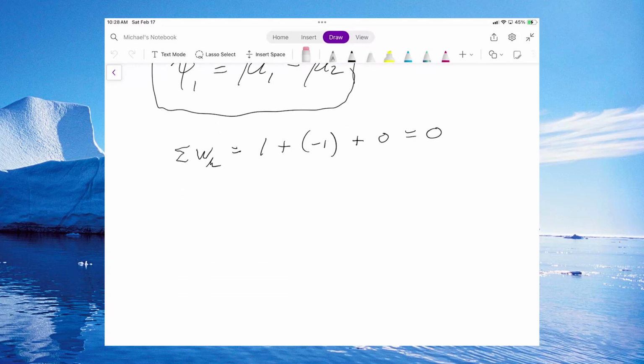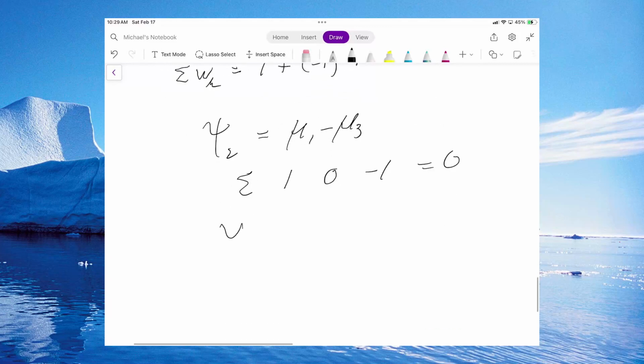So we could have our psi2 equal mu1 minus mu3. And of course, the weights in this particular case would be 1 for group 1, 0 for group 2, -1 for group 3. And if we add up all those weights, that's going to equal 0.